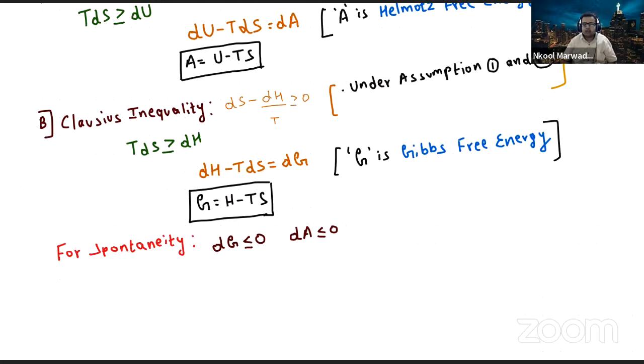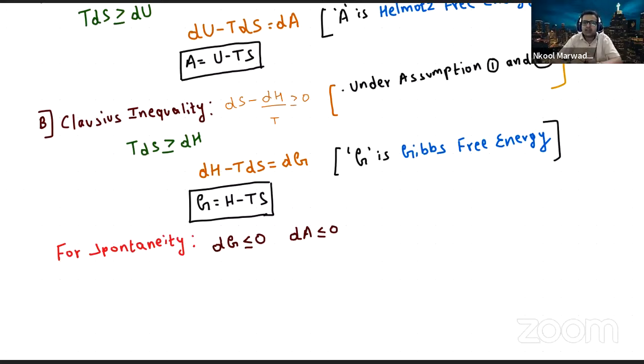If the final free energy is less than the initial free energy, then we are saying it is decreasing. So free energy should decrease, and it makes sense also, because if any spontaneous process is taking place, some energy is utilized in that process, and hence free energy has to decrease.